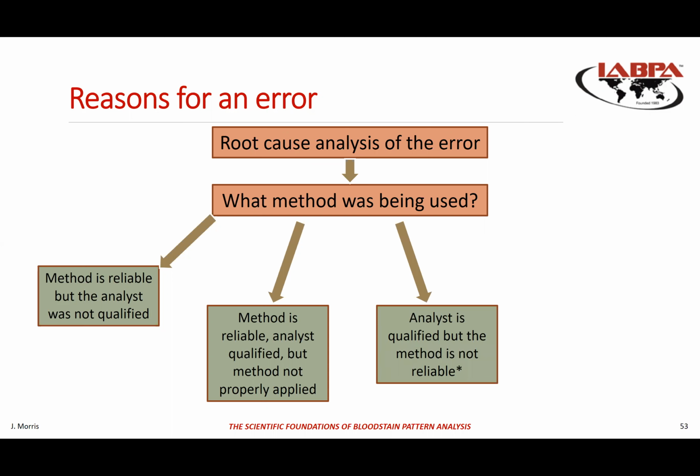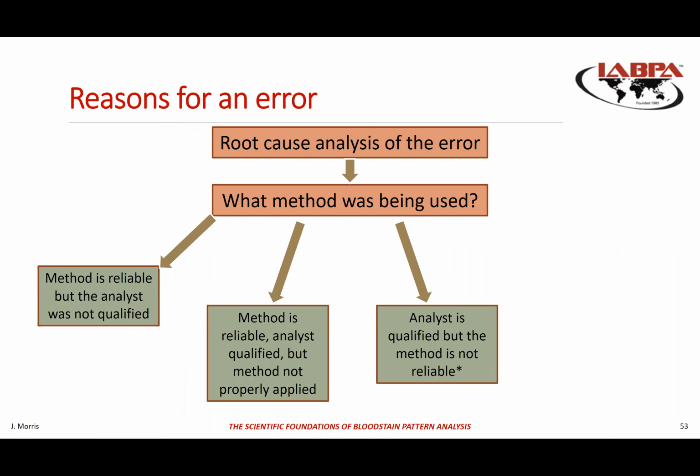Another way is that the analyst is qualified, but the method is not reliable. Now, we need to take a little bit of caution with this, in that in bloodstain pattern analysis, we are finding that there are gaps in our knowledge, that there are things that we don't understand as much as we would like to. And even though the general approach of BPA is valid, if we find one of those knowledge gaps, we've found a hole in our method.